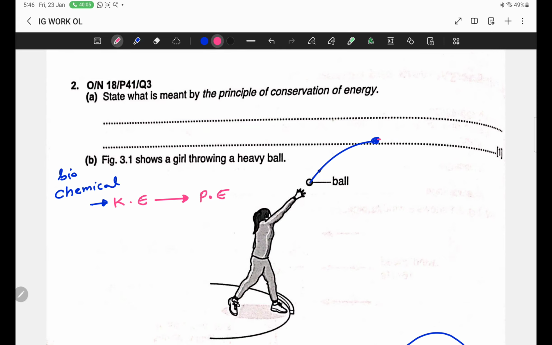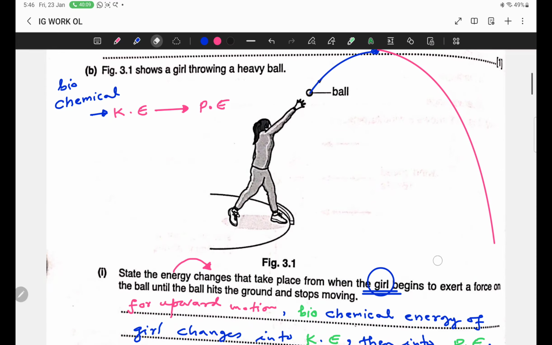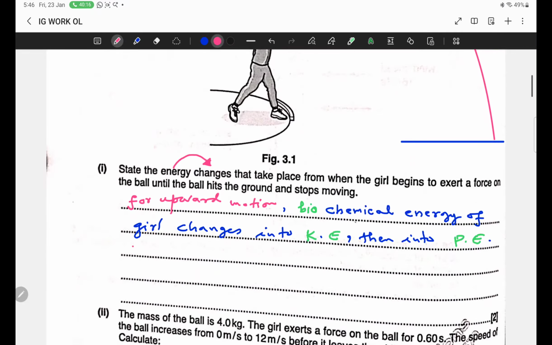And then obviously the ball starts moving downward. So I am writing for downward motion: potential energy changes into kinetic energy. But there is one more issue, and I am asking you this with Nevia.